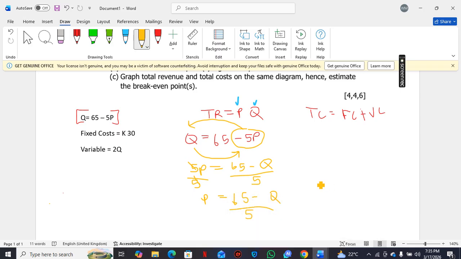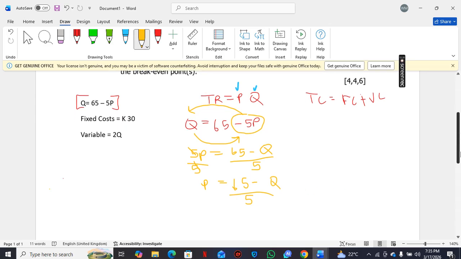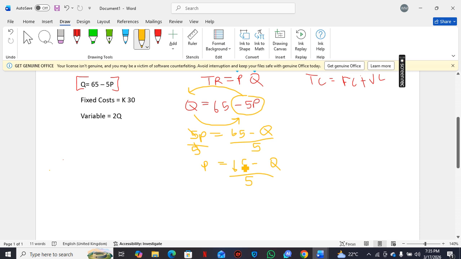So, colleagues, this fraction you can simplify further. I always advise to simplify these fractions so that you make your life easy. You can do it like this: 65 divided by 5 minus Q over 5. You can separate the fraction like this.